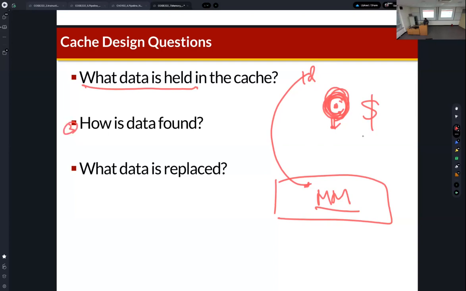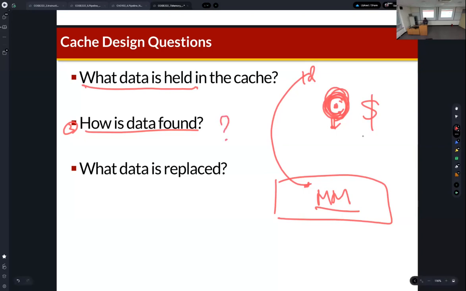And the second, how is data found? I explained that the requested data can be found in the main memory or found in the cache. Then we need to know whether the requested data is in the cache or main memory. How can we distinguish? How can we identify whether the data in the cache is the requested data or not?